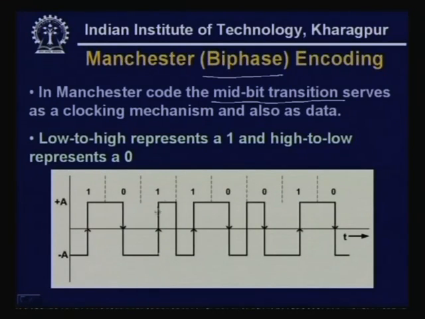That means, whenever you have two consecutive ones, as you can see, the transitions will be low to high, high to low, then low to high. On the other hand, whenever you have two consecutive zeros, again there will be a transition, sorry, high to low, low to high, again from high to low. So, the number of transitions is more for consecutive ones and consecutive zeros.